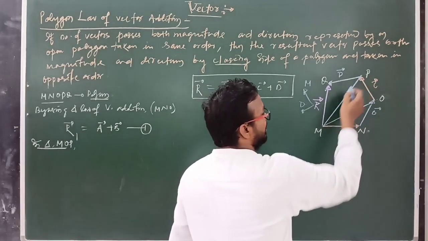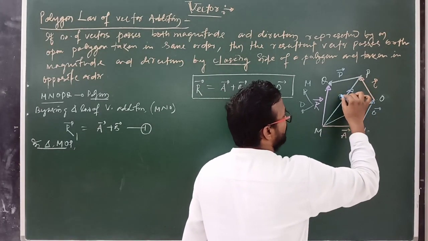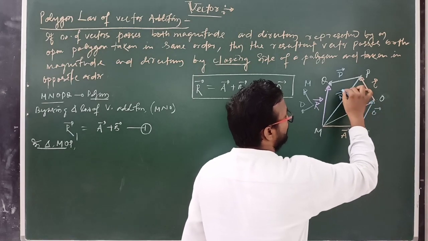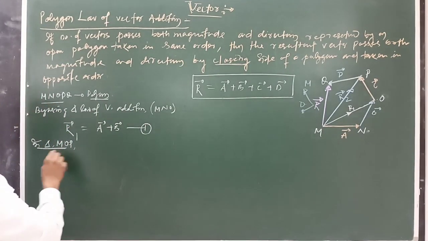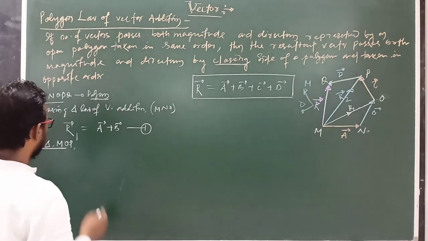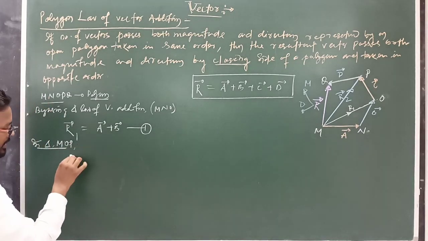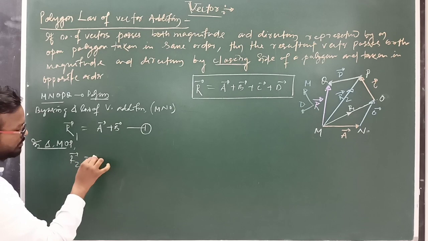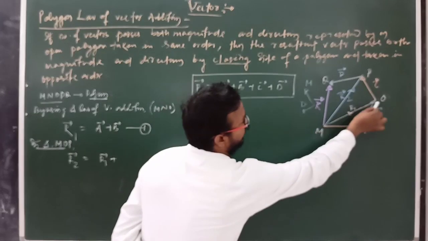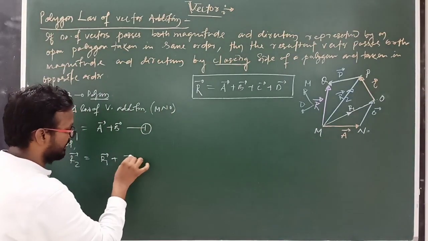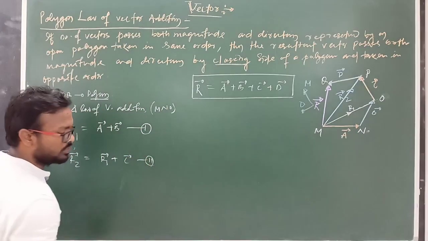So this is the resultant or closing side, and we write it as R2 vector. So by using the triangle law to triangle MOP, the resultant R2 vector equals R1 vector plus C vector, equation number 2.